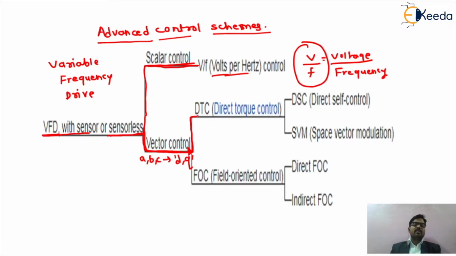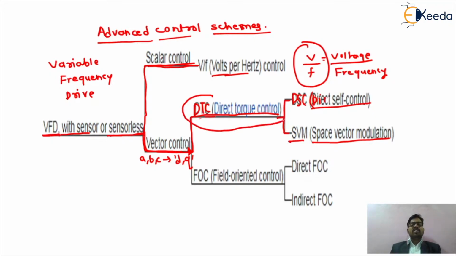The first type is the direct control scheme, which we call DTC. This is again divided into two types. The first one is DSC, which means direct self control, and the second method is SVM, the space vector modulation. This is the classification of vector control called DTC.